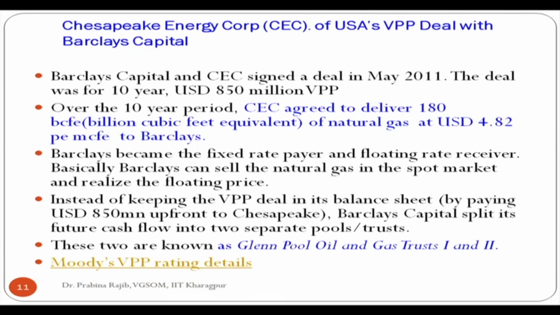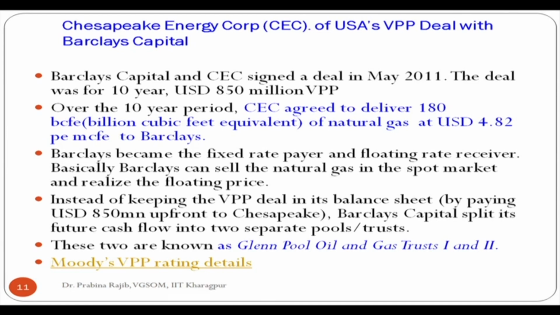So Barclays is going to pay fixed and CEC is going to receive fixed. Instead of paying the fixed amount over 10 years, the discounted value of 850 million was given by Barclays to CEC at the beginning of the contract. So Barclays became the fixed rate payer and the floating rate receiver.